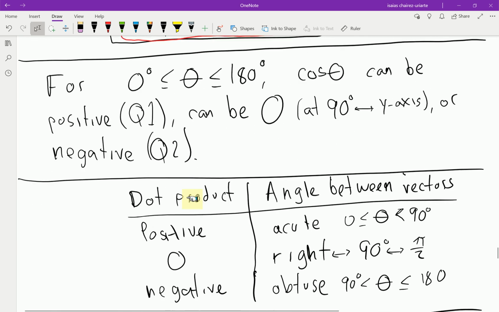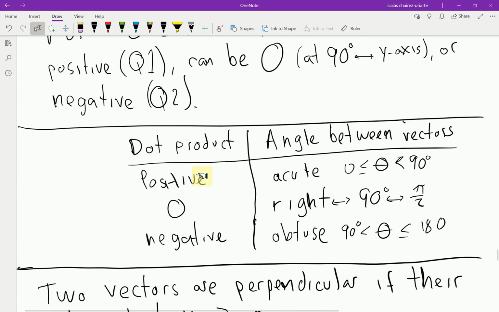Alright, so let's put all of this together. What this is saying is that if the dot product happens to be some positive value, then the angle between the vectors is acute. If the dot product happens to be 0, then you're dealing with vectors that are perpendicular. The angle between my vectors is 90 degrees or pi over 2.